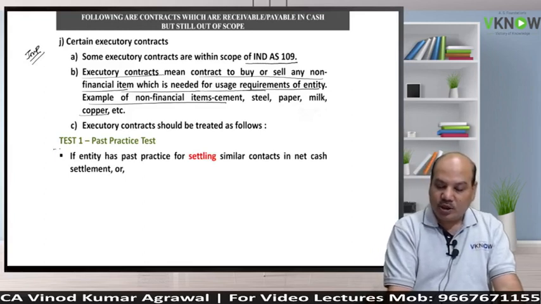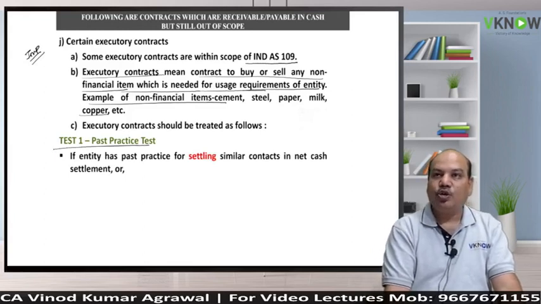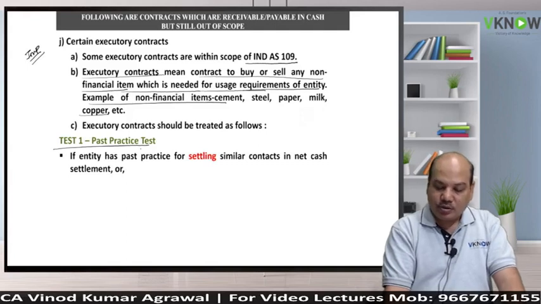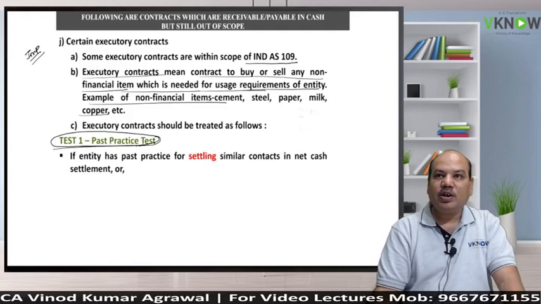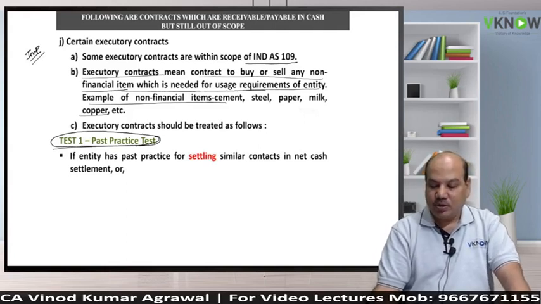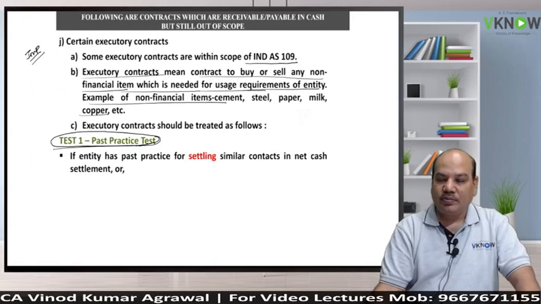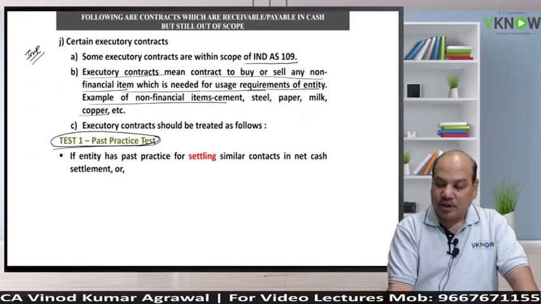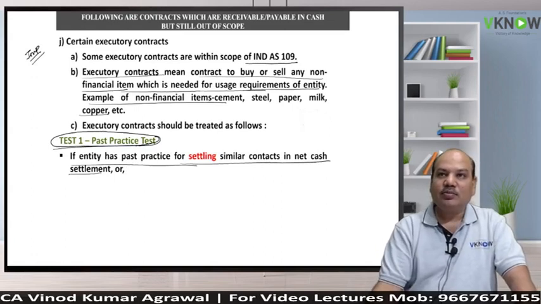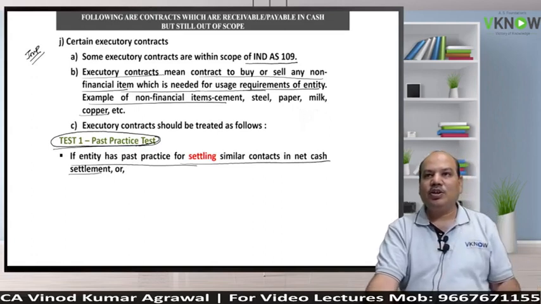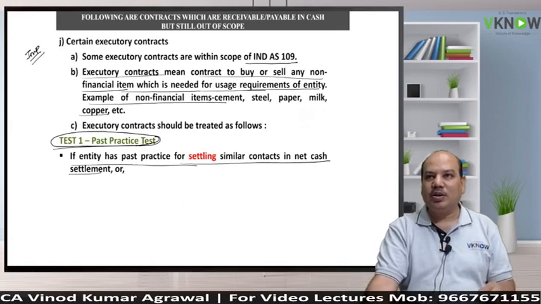So if you have entered into an executory contract for a non-financial asset, first apply the past practice test. What is the past practice test? It means how you have settled those contracts in the past. If the history of the entity is that it is settling such contracts in net cash settlement, that means their intention is not to take delivery of wheat, steel, cement, copper.